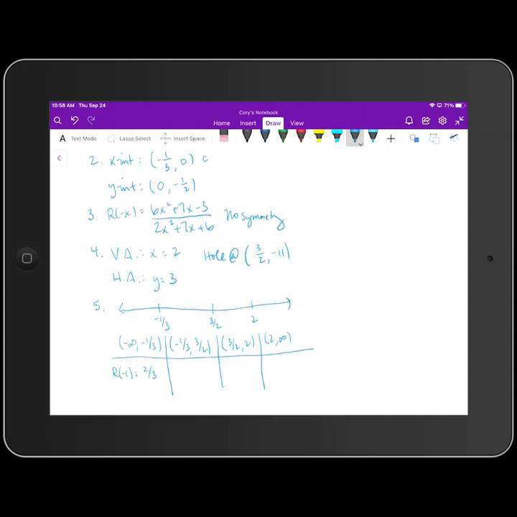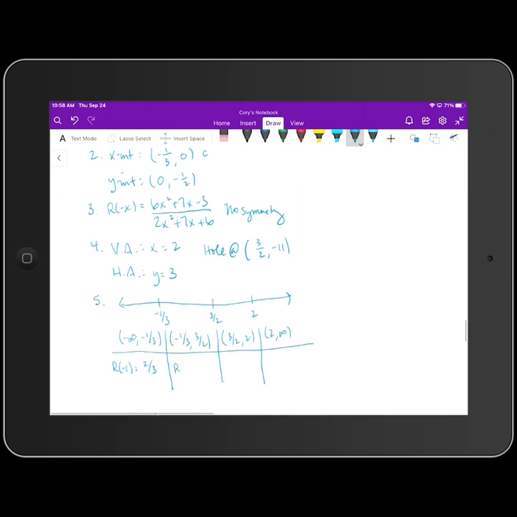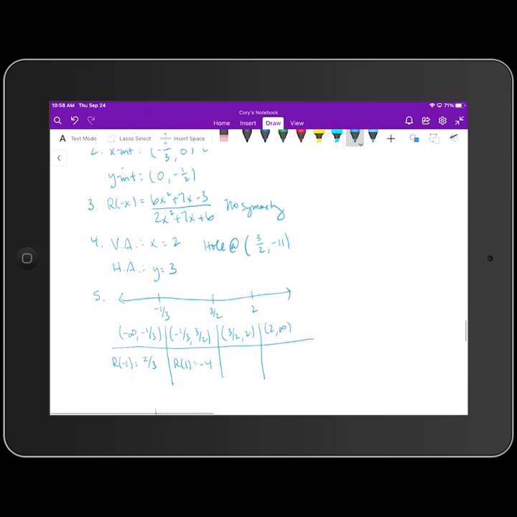On the next interval from negative 1/3 to 3 halves, I don't want to pick 0 because we already know that that's our y-intercept. So I'm going to pick r's value at 1 on that interval. So when I plug 1 in, that gives me an output of negative 4. And then on the interval from 3 halves to 2, so that's 1.5 to 2, I'm going to pick the decimal like 1.75.